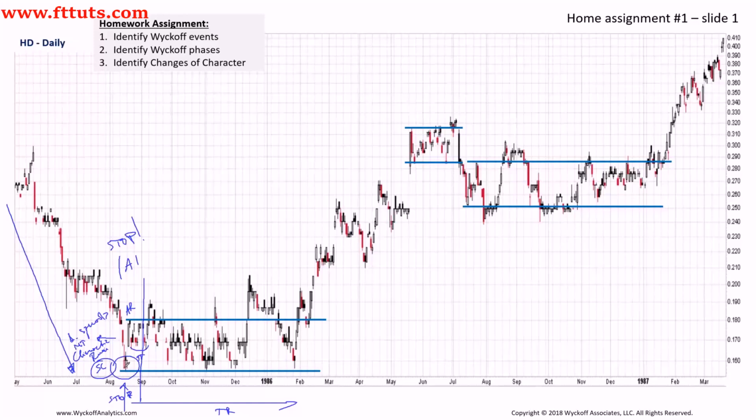The secondary test and the automatic rally would have volume signatures that would suggest that it's more likely to be an evolving trading range. But also, yes, absolutely. And here again, we're going from a downtrend environment into a trading range environment. Something should happen right here, some kind of change.